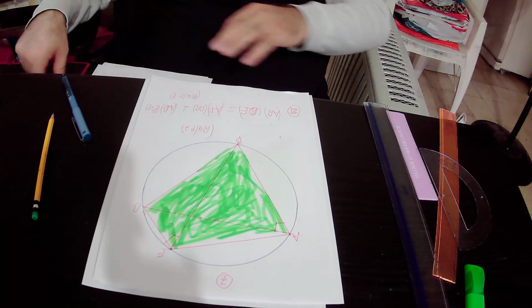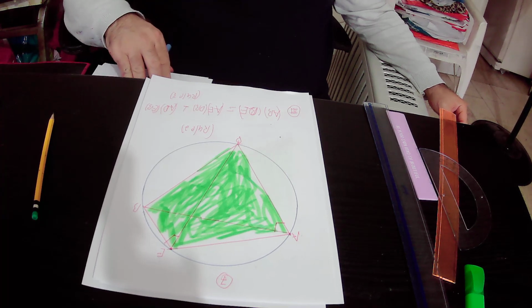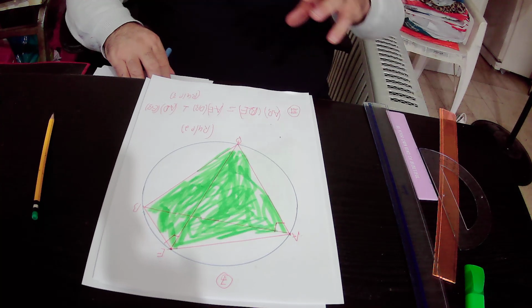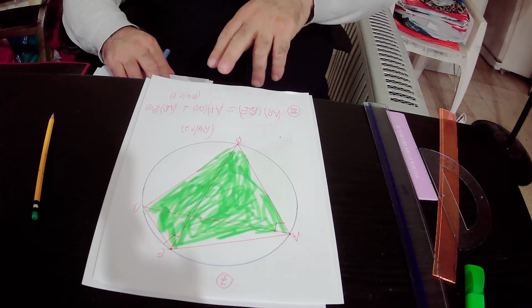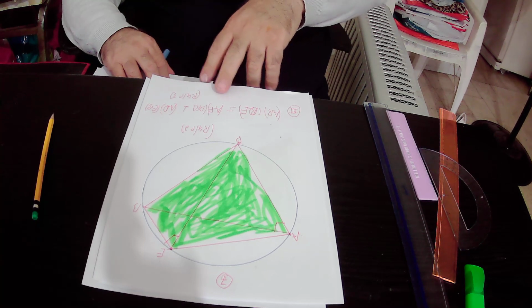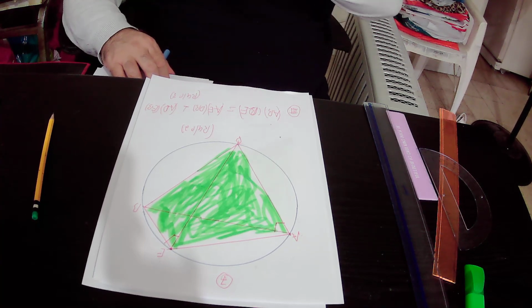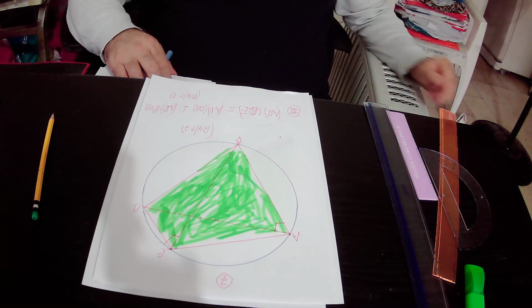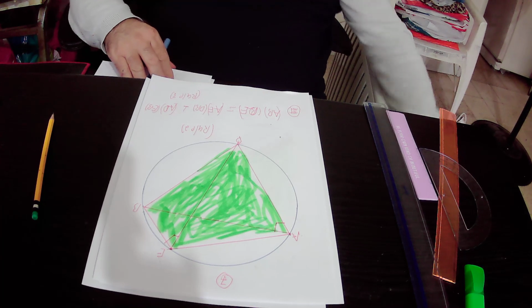Okay, so the only thing left to do is to put the data inside this equation number 3, and then we'll find the size of line segment AE that is also inside this equation.